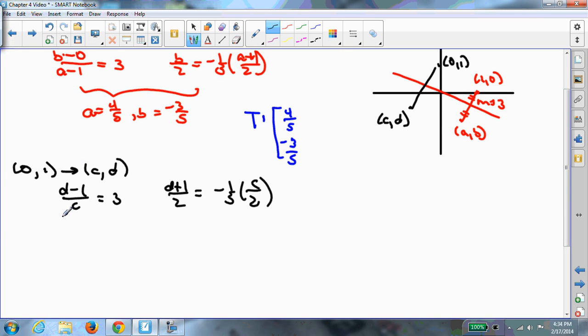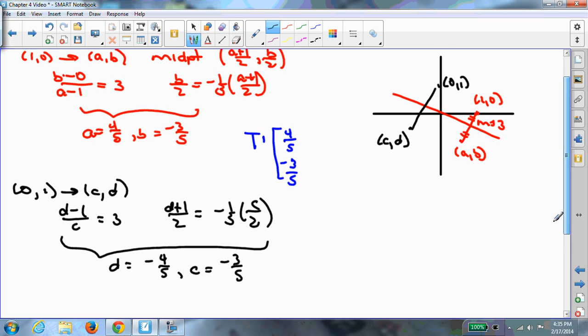So if I solve these two, I get D equals negative 4/5, and I get C equals negative 3/5. So my second column, which is what happens to 0, 1, is going to be negative 3/5, and this is negative 4/5.